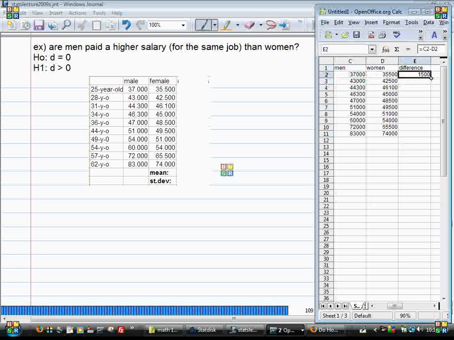But now here's some spreadsheet magic. You click on the lower right corner and you drag it, and it does that calculation for you for every pair. Now you appreciate it. And so now what can you do? Next thing is just equals average of the differences, hit enter, and standard deviation, STDEV, of the differences. Hit enter.